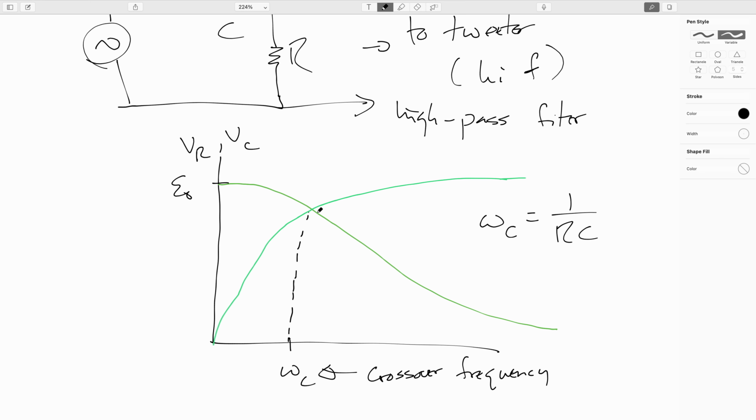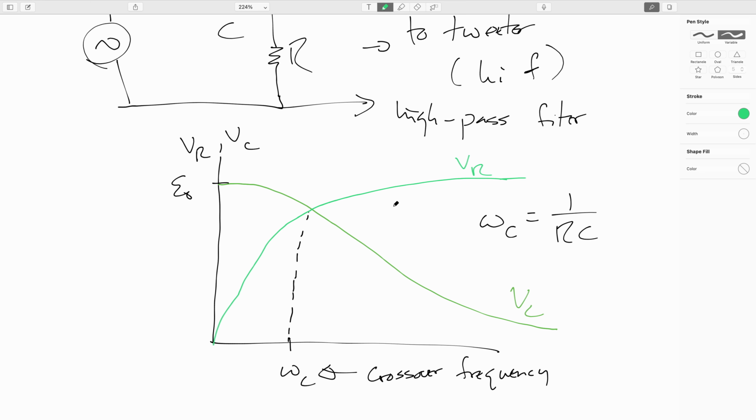You can see that the voltage is higher than half of the EMF for the low pass filter, so this is what's coming off the capacitor here. And for the bit that's coming off the resistor, again at the crossover frequency, it's higher than half. So it seems like if you add the two of these together, that's going to be bigger than the EMF that the stereo is providing. So why is this not a problem?